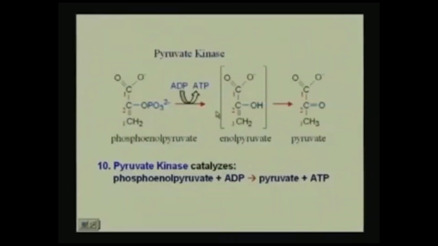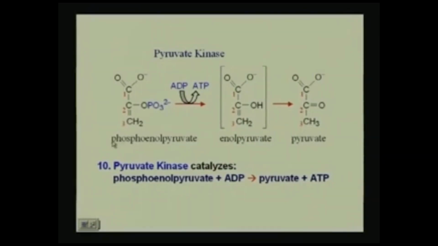So our next step now is the formation of pyruvate, where we have to lose the phosphate. This is the last step where we have formed pyruvate. Pyruvate is CH3 C double bond O COH, that is pyruvic acid.